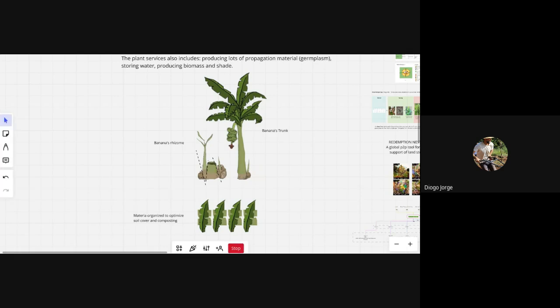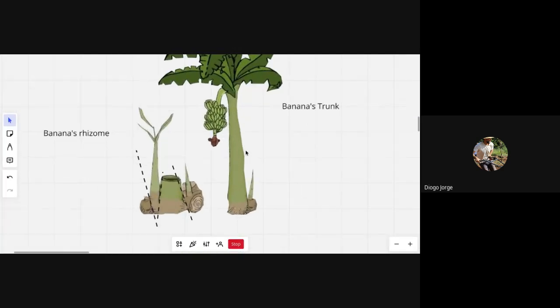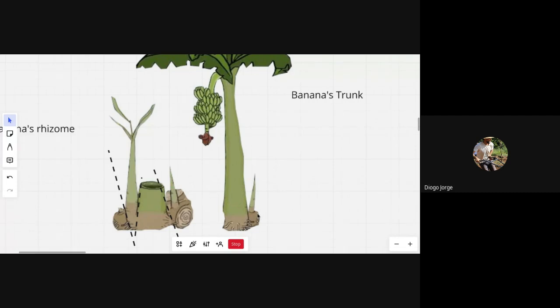Here you can see a picture of the banana, and we can see at the bottom that it has little shoots coming from the side. Each of these shoots is a new seedling, a new banana that can be multiplied.